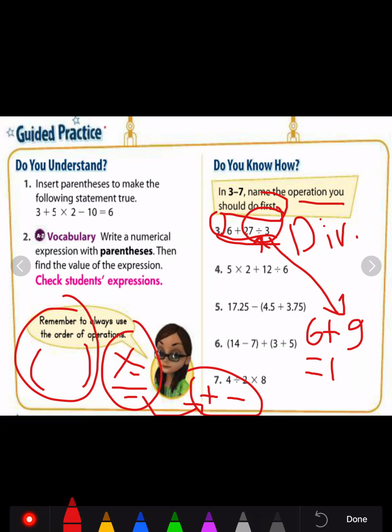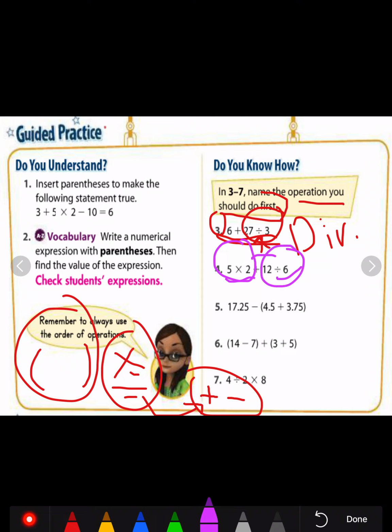Now in number 4, he asked me what is the operation you should do first. In this expression, we have multiplication, we have plus, and we have division. Division and multiplication are stronger than addition. But now we have both multiplication and division, so which one do we start with first?